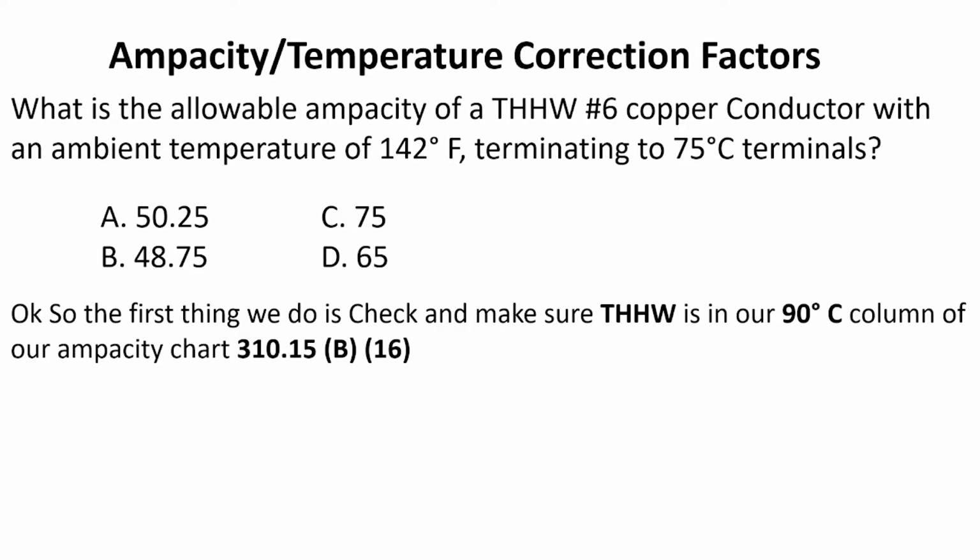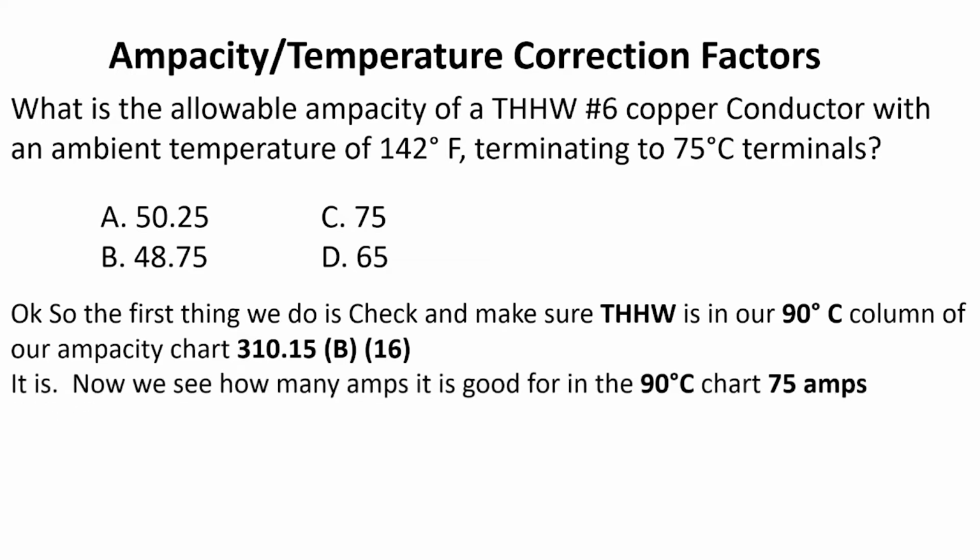I'm going to flip over and we look and we find THHW, so we can proceed in the 90 degree C column. Now we need to see how many amps the number 6 is good for at the 90 degree chart. So we look, we're in the 90 degree chart, we're looking at number 6, and we find that number 6 is good for 75 amps.